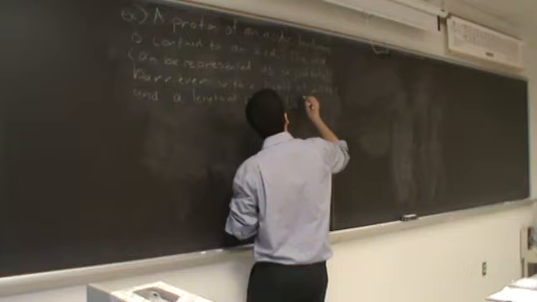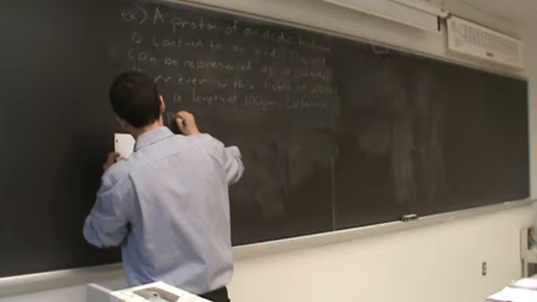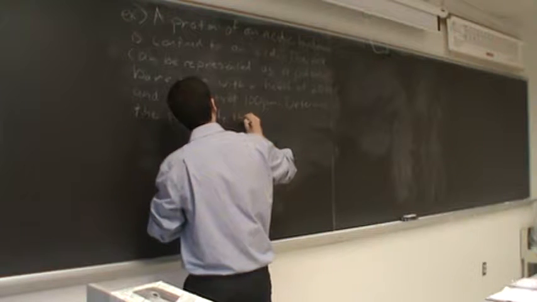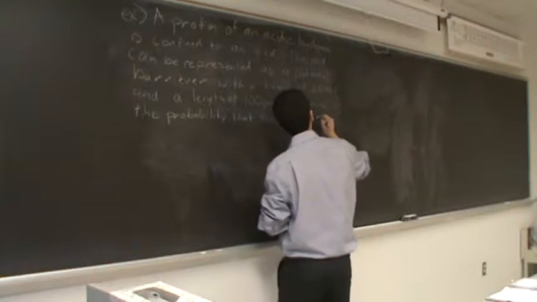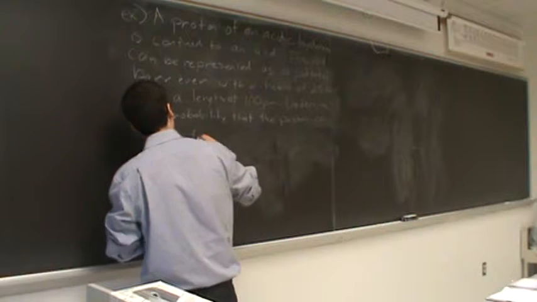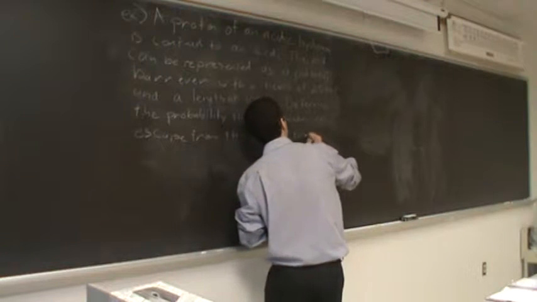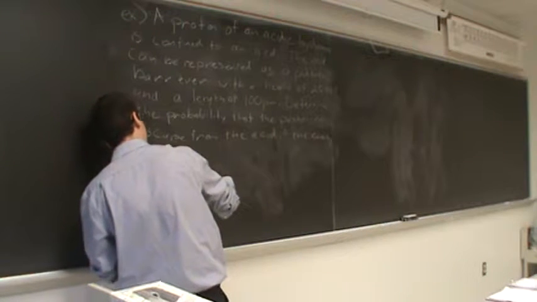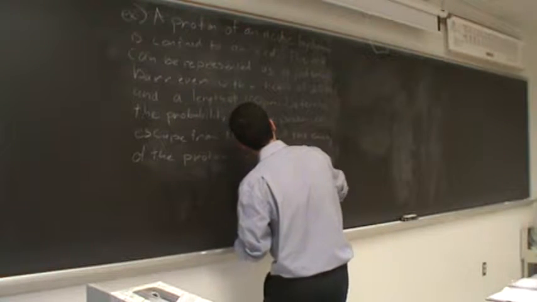We want to determine the probability that the proton can escape. The energy of the proton is 1.995.